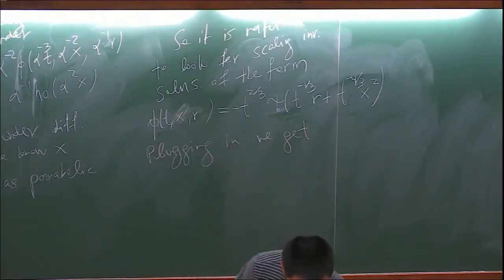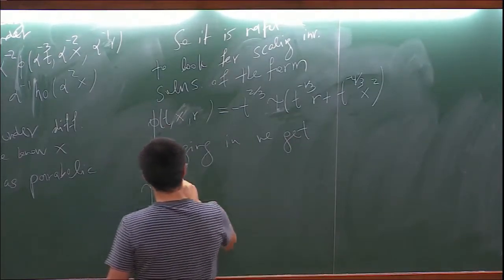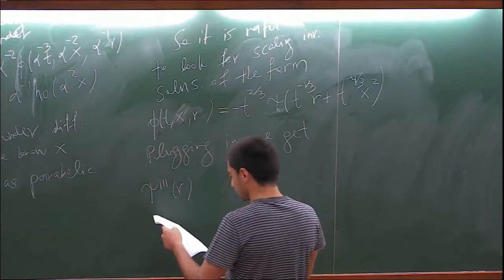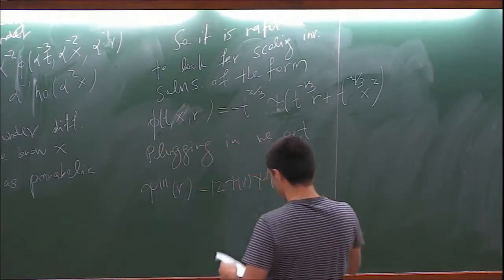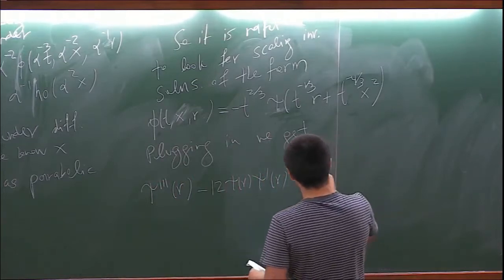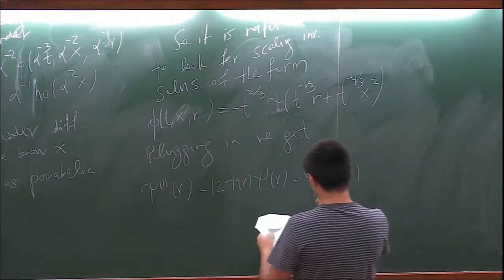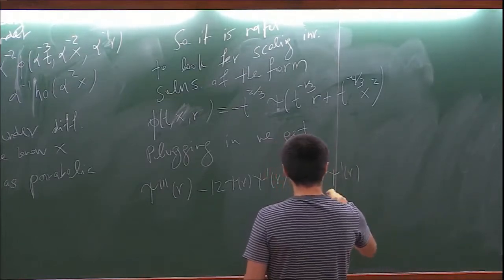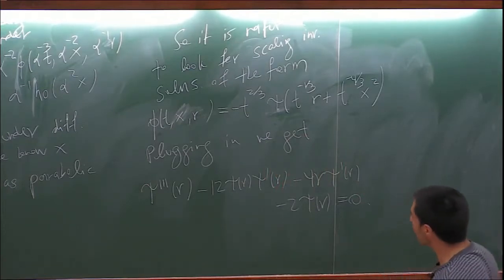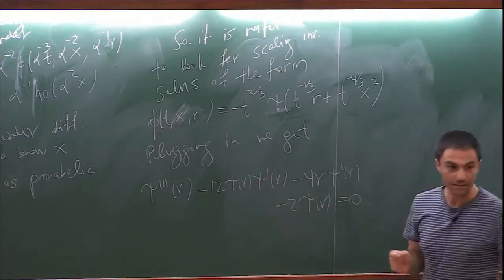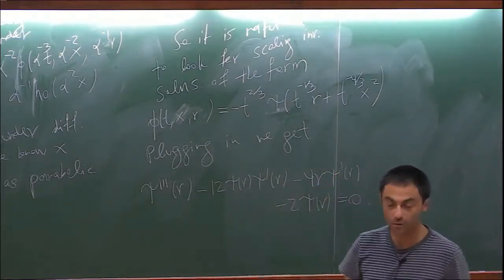I won't do it, but it's an exercise. You get psi triple prime of r minus 12 psi of r psi prime of r, this is not very important, but minus 4r psi prime of r minus 2 psi of r equals 0. So in this nice case where I have scaling invariance and stationarity, I can turn my PDE into an ODE. It's a third order ODE.